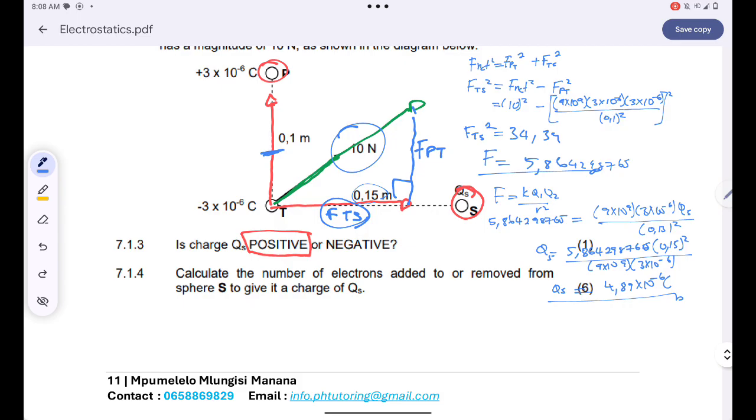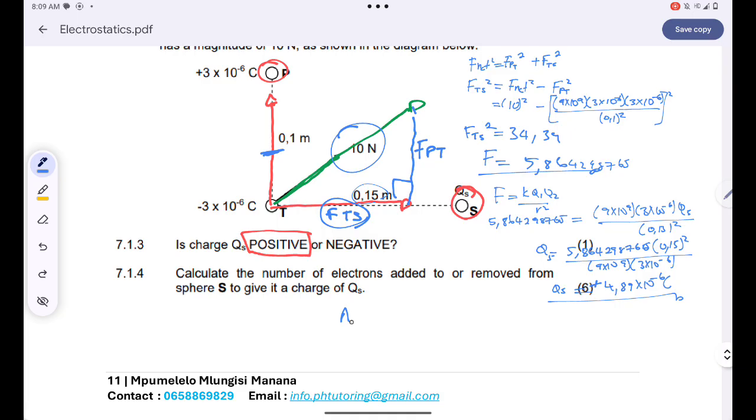Okay, but they wanted us to calculate the number of electrons that were removed or added. Since our charge is a positive charge, it simply means that electrons were removed. Are you together? So how can you calculate the number of electrons that were removed?